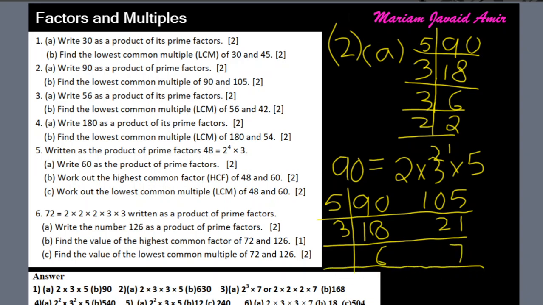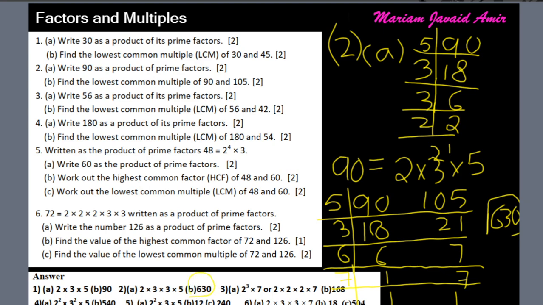Next we don't have a single number that divides these together, so let's use 6 here and we get 1 here and 7 stays, and then again use 7 here and we get 1 and 1. So the LCM would be 5 times 3 times 6 times 7. So what does that give us? 5 times 3 times 6 times 7, which is 630. So the LCM is 630, which is the answer here as well.